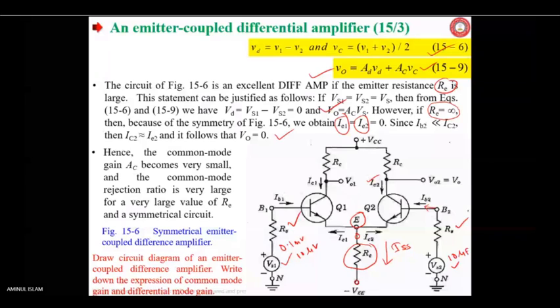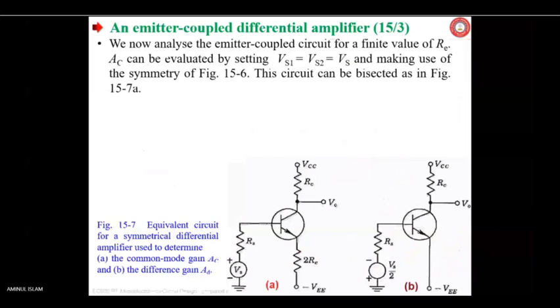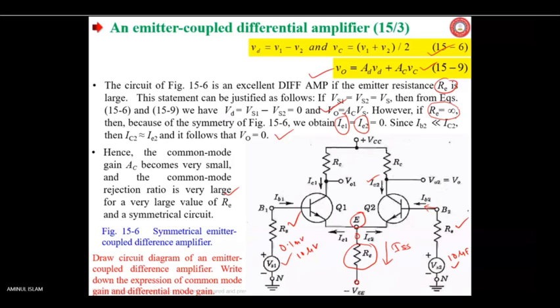And hence, the common mode gain AC becomes very small and the common mode rejection ratio is very large for a very large value of RE and a symmetrical circuit. We now analyze the emitter coupled circuit for a finite value of RE. This was for an infinite value of RE.